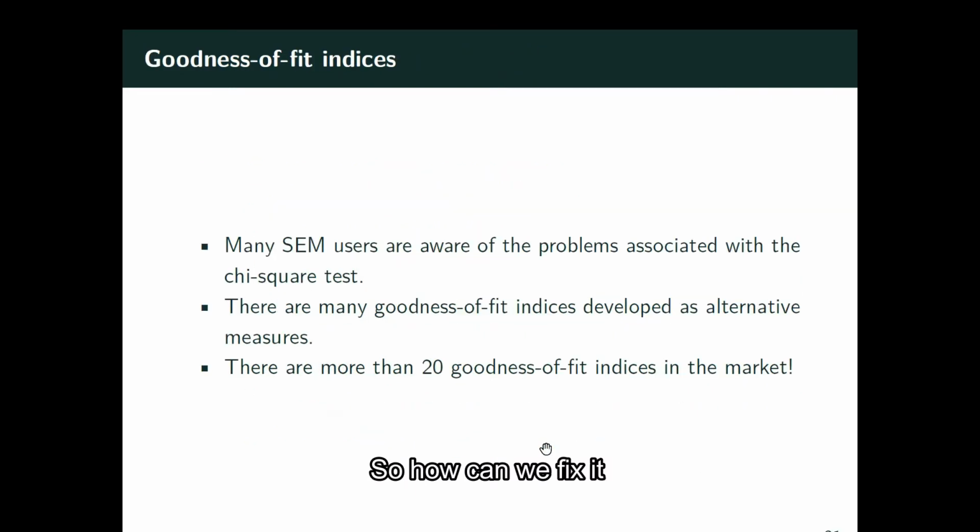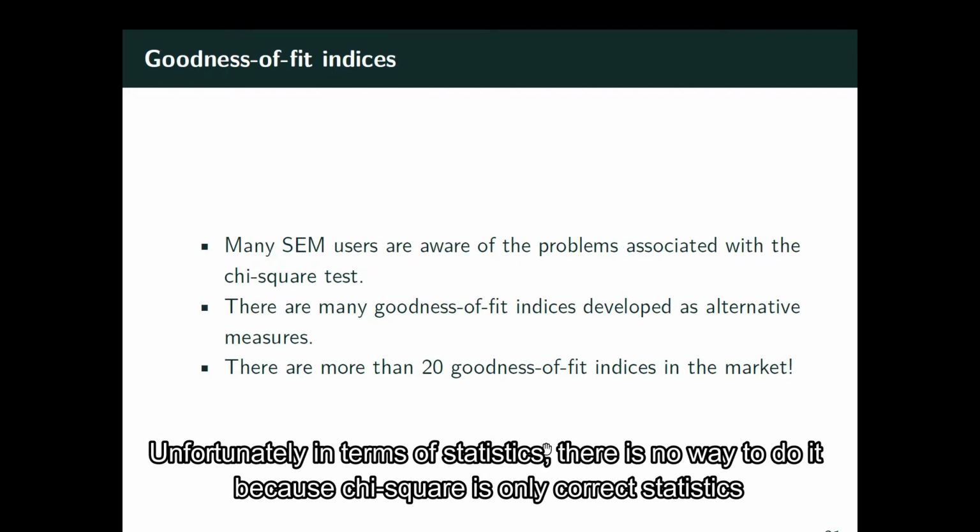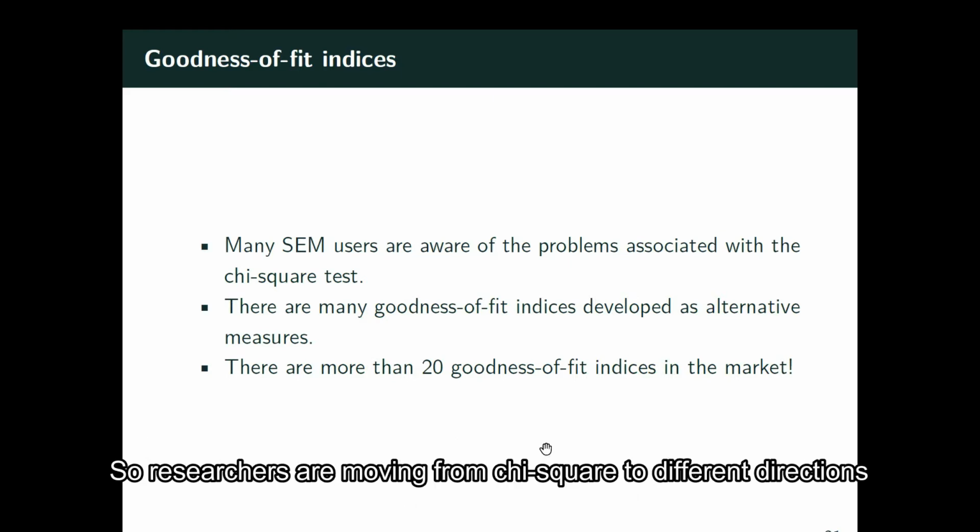So how can we fix it? Unfortunately, in terms of statistics, there's no way to do it because the chi-square test is the only correct statistic. Okay, so researchers are moving from chi-square in a slightly different direction.